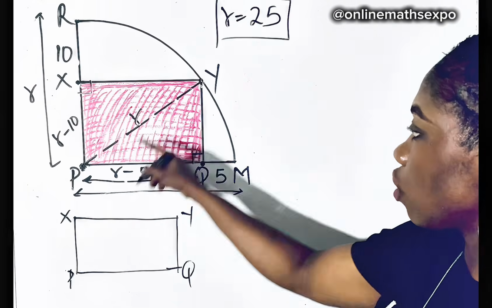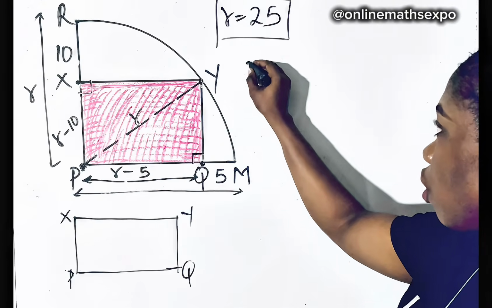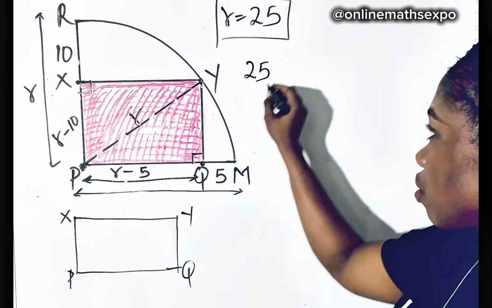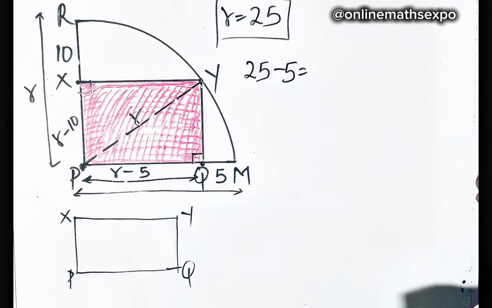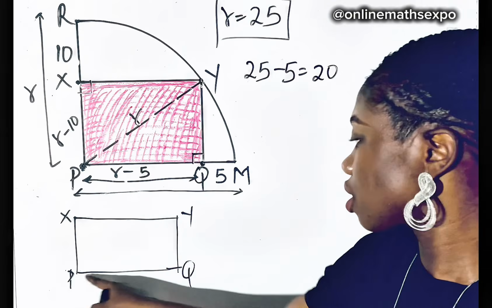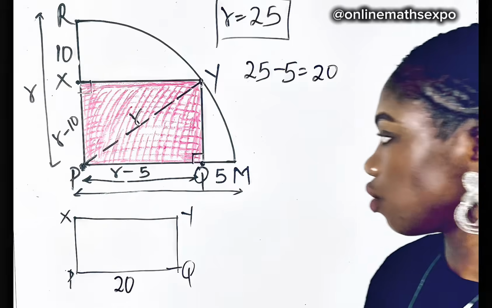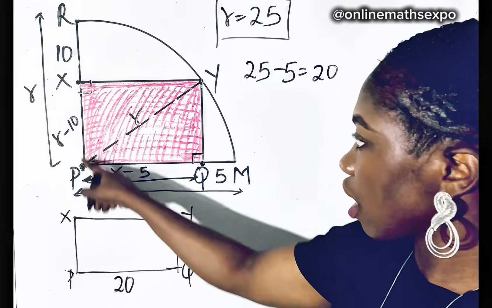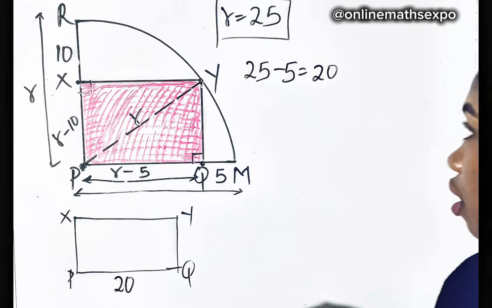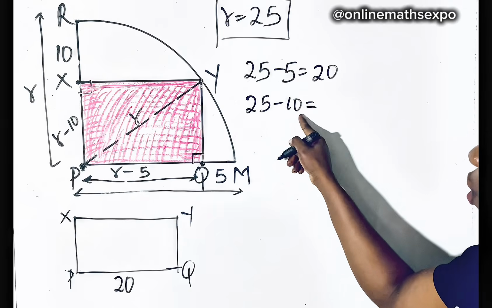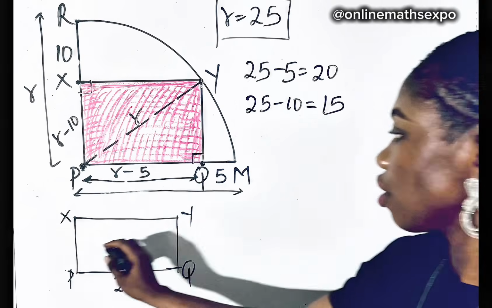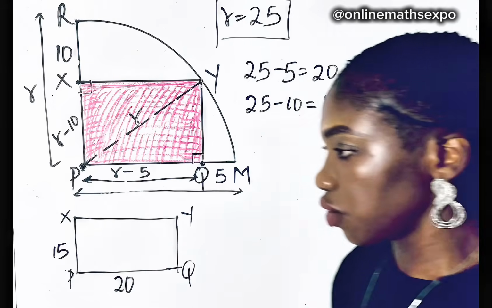So length PQ will be 25 minus 5, and when you do that, it gives you 20. So this length is going to be 20 units. Then for PX, it is R minus 10, so it's going to be 25 minus 10, and when you subtract this, it gives you 15. So this length is 15 units.